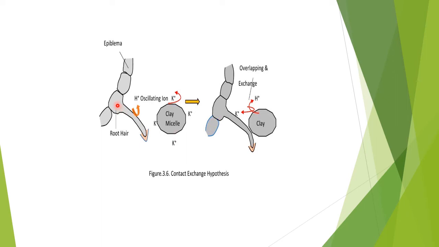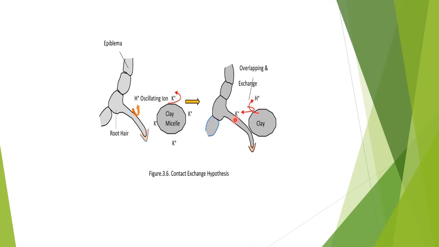Also, the root here has protons which are oscillating on the root surface. Whenever there is close contact between the clay micelle and this root, and their oscillation areas overlap, the element which was present on the root is taken to the clay, and from the clay the potassium is taken into the root.